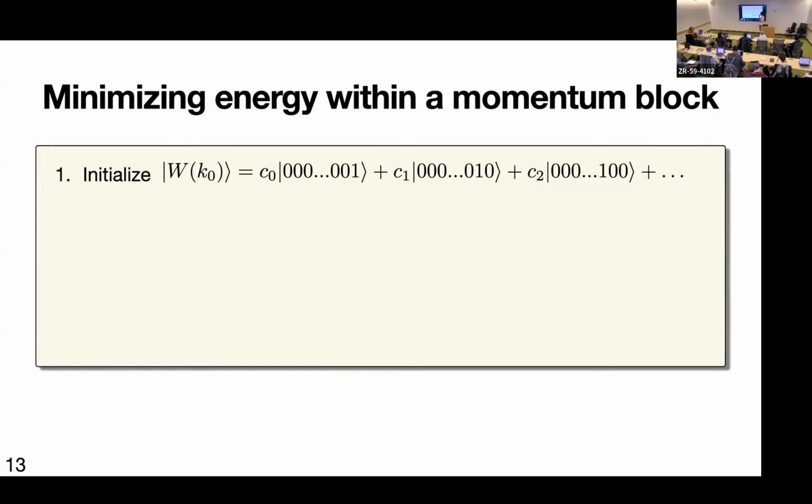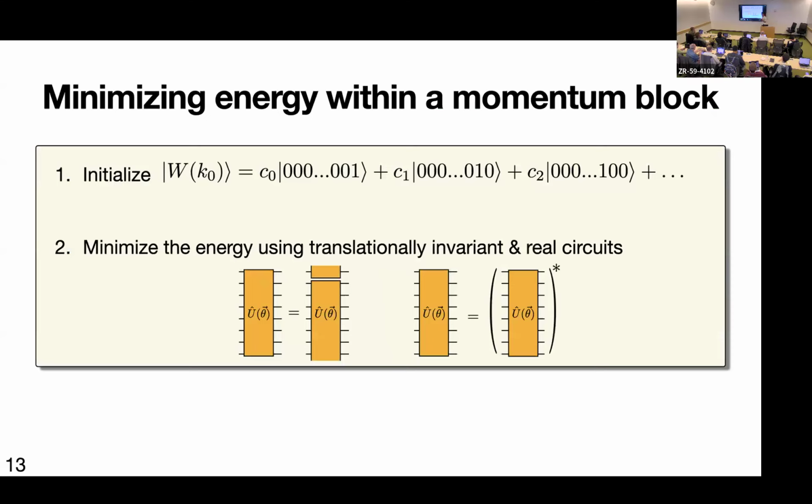If we first start with this W of K0 state, which had the correct amplitudes in the different momentum sectors and the right long-range entanglement, then if you minimize the energy subject to the constraint that your circuit ansatz is both translationally invariant and also real, you're actually preparing the desired wave packet. The reason for this is that it preserves the amplitude of your state in these different momentum blocks, and so it ensures that it's projecting down onto this single-particle vector. And you need this constraint too, because there are some phases that you need to make sure don't get screwed up.